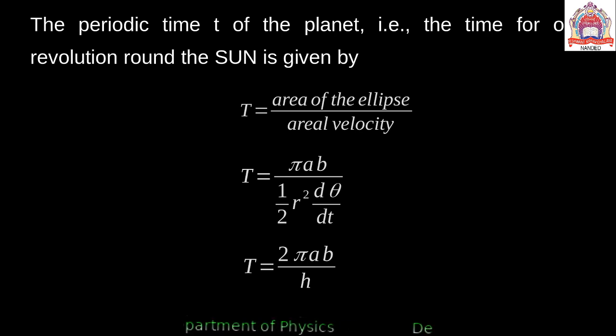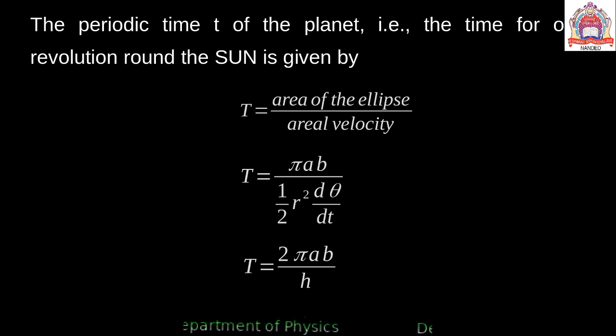According to Kepler's second law, this r square d theta by dt must be constant. Let it be equal to h by 2. Then the planet is moving in a curved path. Hence it is obvious from Newton's first law of motion that a force is acting upon it along the radius vector.